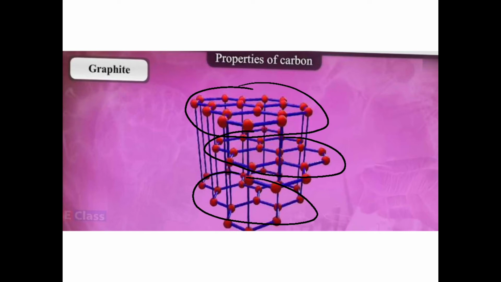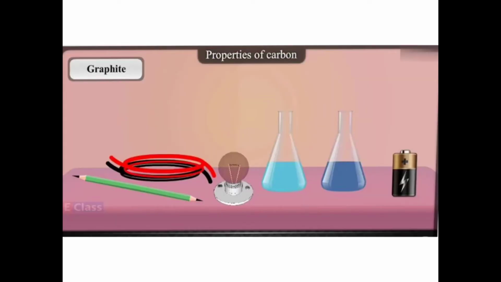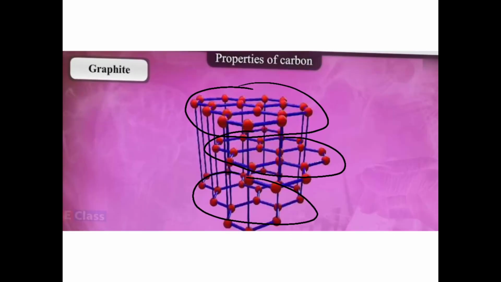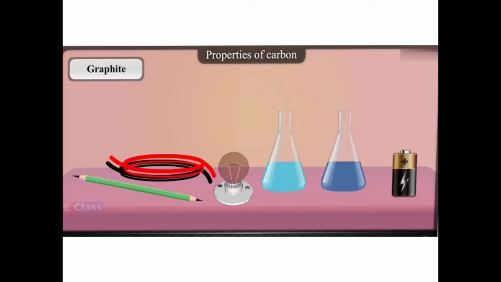Now one specialty of graphite we are going to observe with the help of an experiment. For this experiment, children, you will take a pencil. This pencil should be sharpened from both ends. Can you see this part and this part?